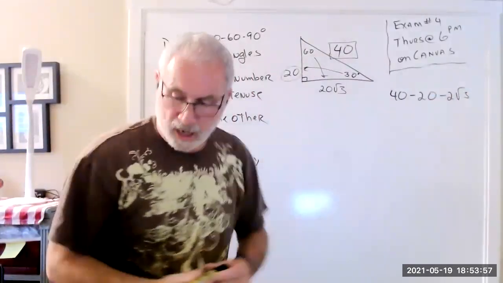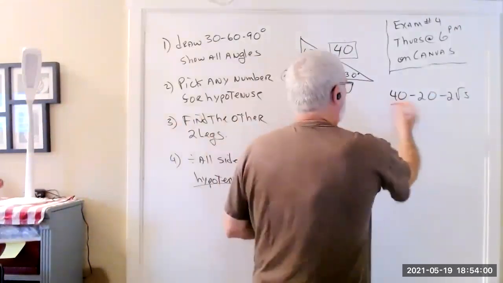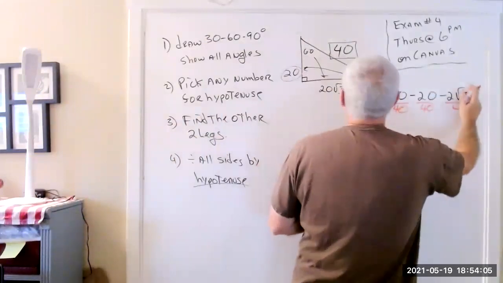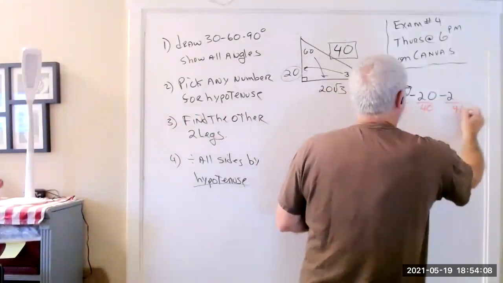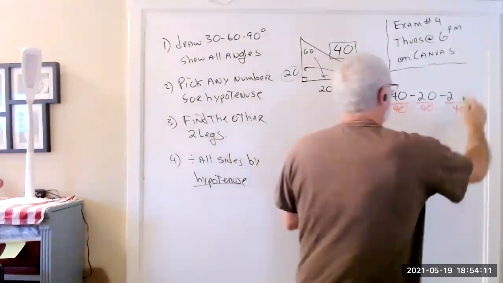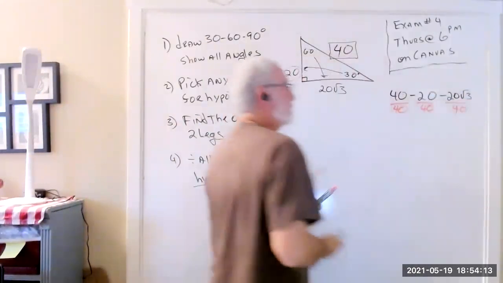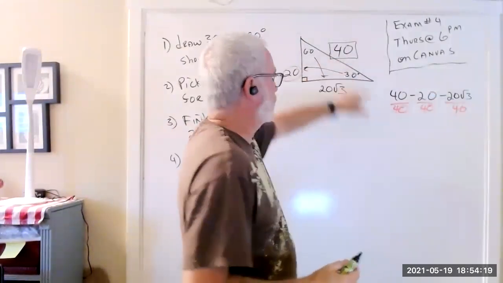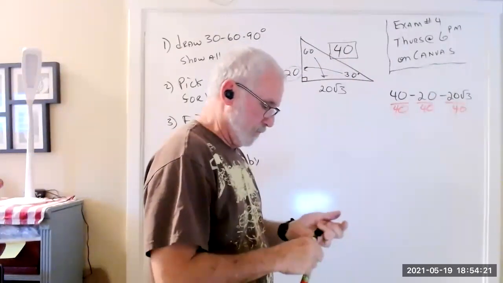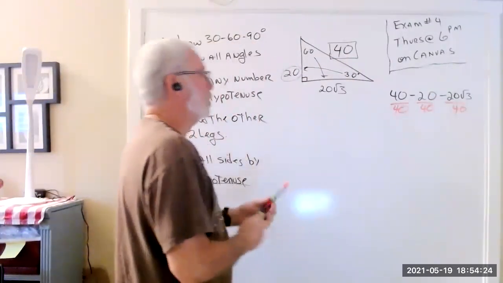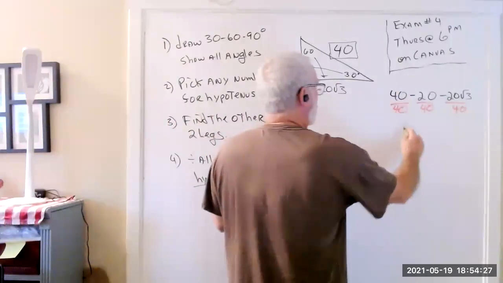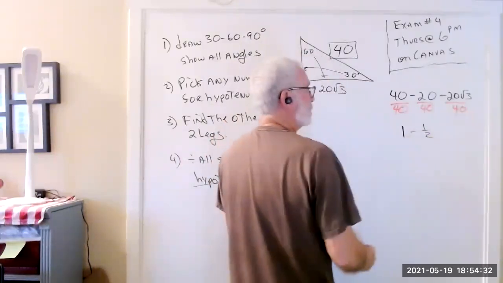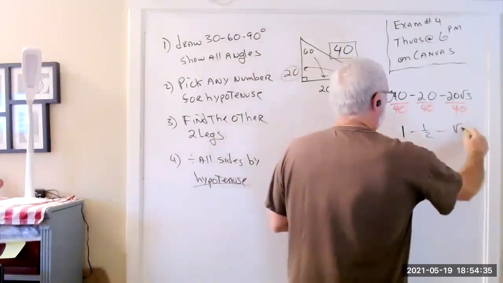I want to divide each one of those by whatever my hypotenuse is. Everybody would be doing a different division because everybody's hypotenuse was a little bit different. So this is going to become 1. This is going to be a half. And this is going to be the square root of 3 over 2.